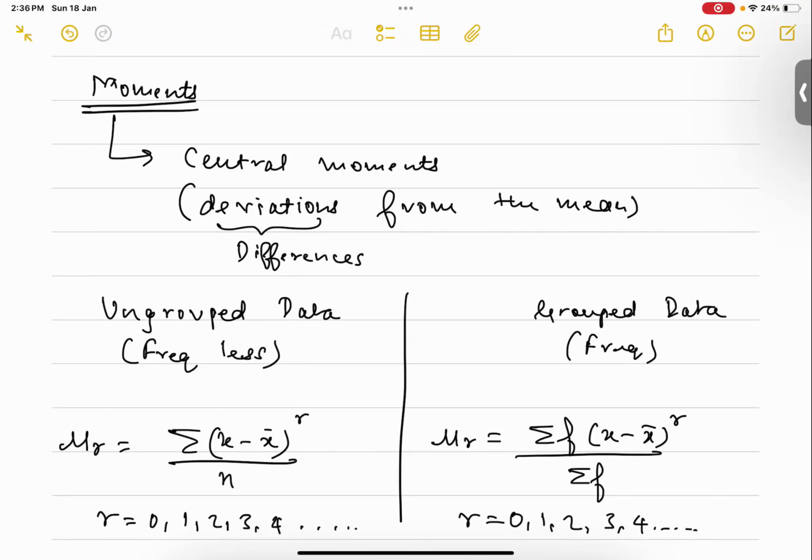We are taking the mean, and how the data is changing with respect to the mean is nothing but moments.